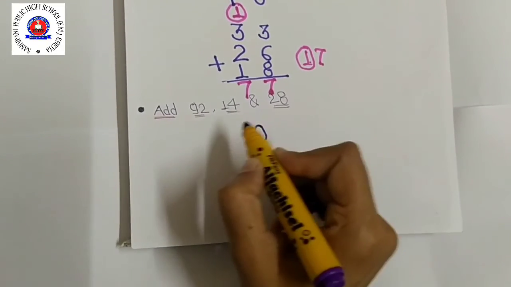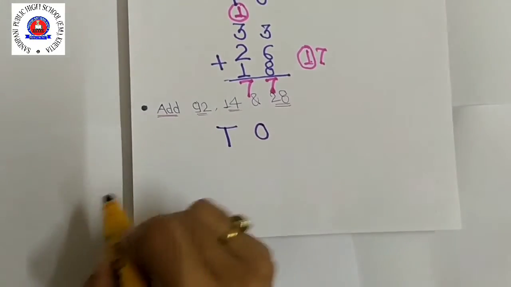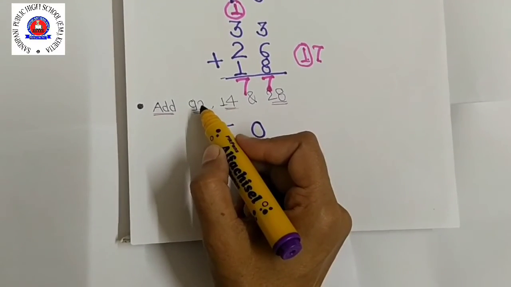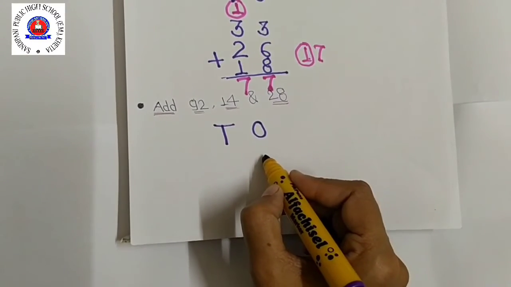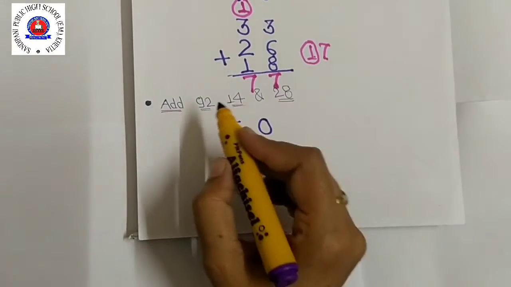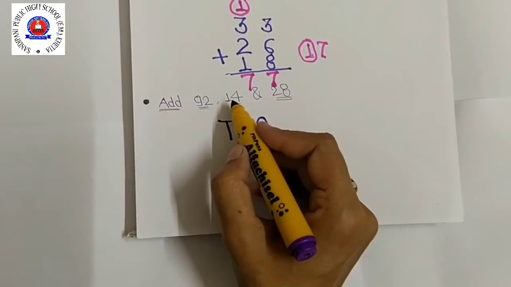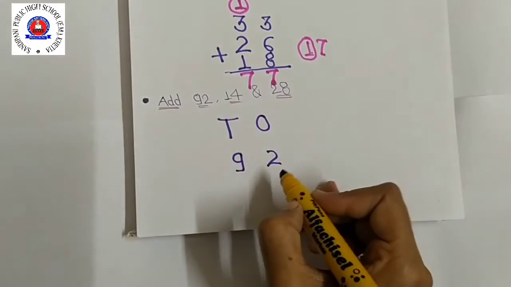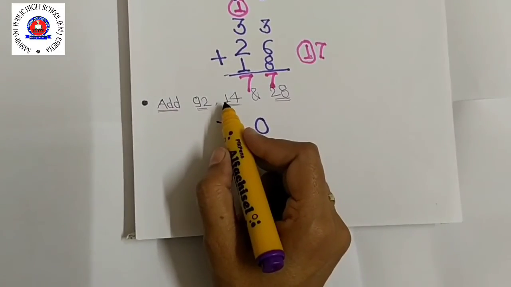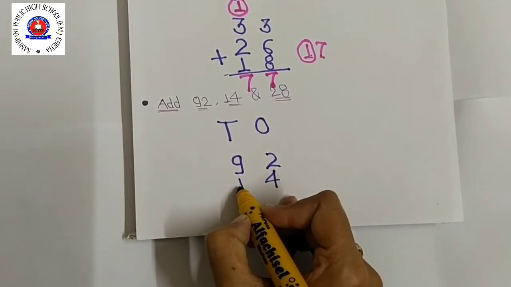Ones and tens. So in 92, 2 is written in the ones column and 9 in the tens column. And in 14, 4 is written in the ones column and 1 in the tens column.